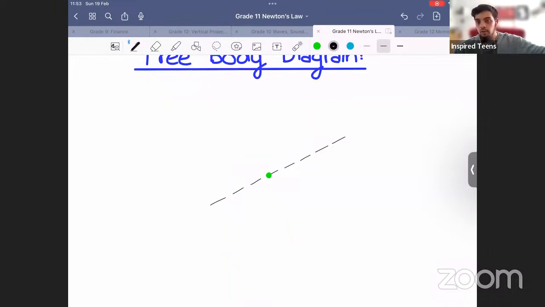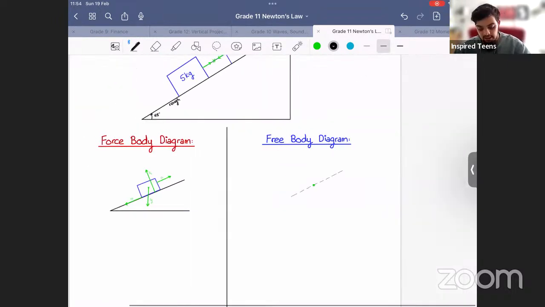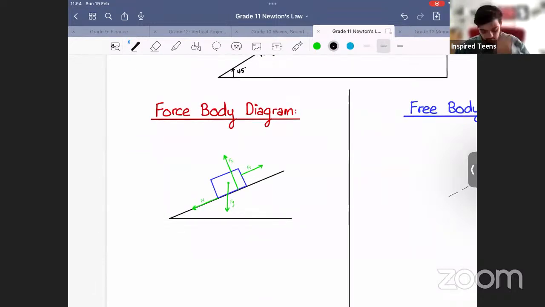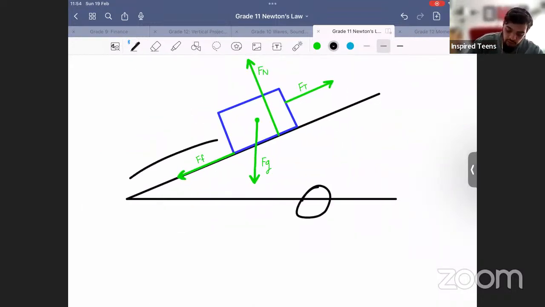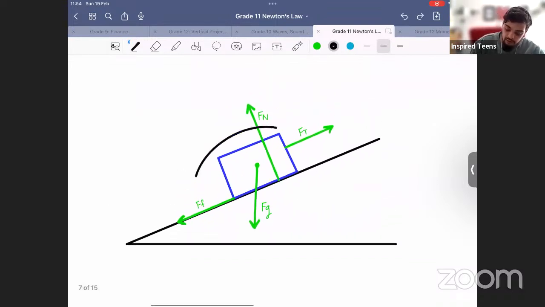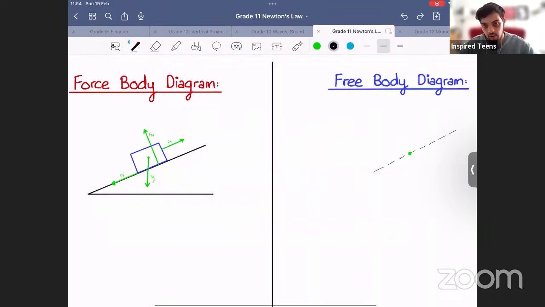In a free body diagram, nope, it does not. It just has to be neat, please. Technically, you don't have to draw this bottom piece, but you'd have to draw that surface, okay? And the main thing on the force body diagram is the position of your vectors, as well as you have to draw the object.